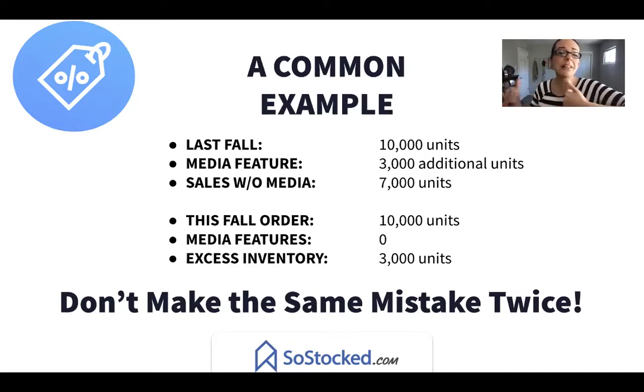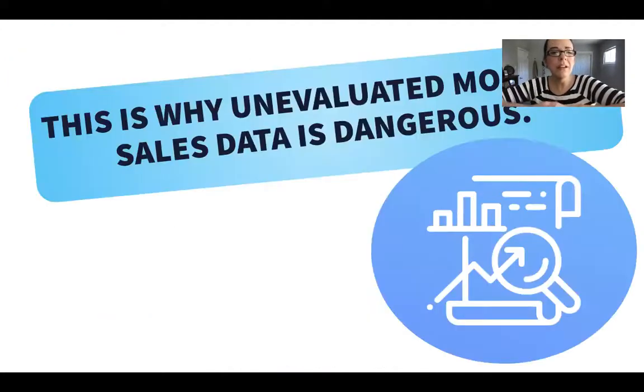If you don't analyze that data and you don't remove that spike from your data and you're just using hard numbers, you could over order by 3,000 units. And of course you'll sell that out, but why pay extra storage fees? Why carry additional inventory? Why tie up additional capital when you could just accurately order? So this is why unevaluated sales data is potentially dangerous to your business.